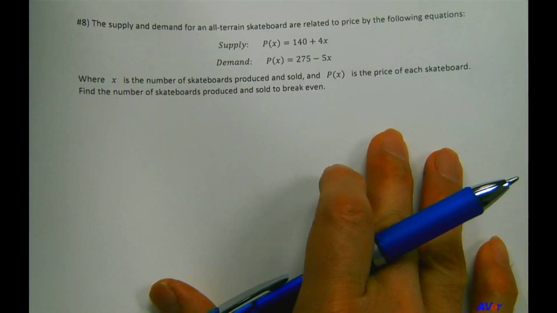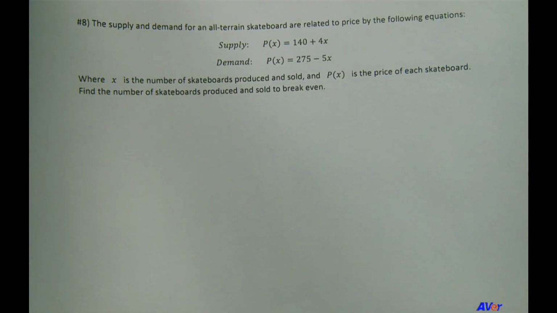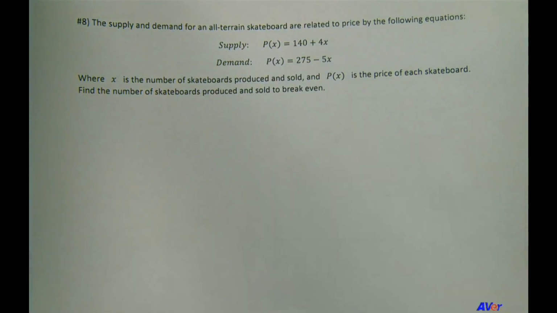All right, I hope that matches your solution. And this one, again, please pause the video, solve this on your own, and then come back to the video for the rest of this. Okay? It says the supply and demand for an all-terrain skateboard are related to price by the following equations.